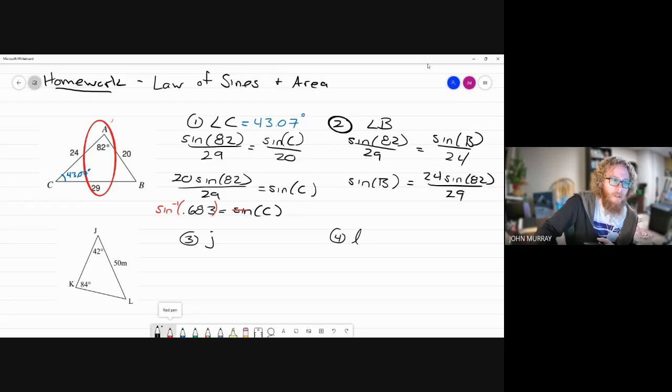So to solve for B, I have 24 sine of 82 over 29. Oops, no, not inverse sine yet. 24 sine of 82 divided by 29. We get about 0.82. And then I take the inverse sine of that.